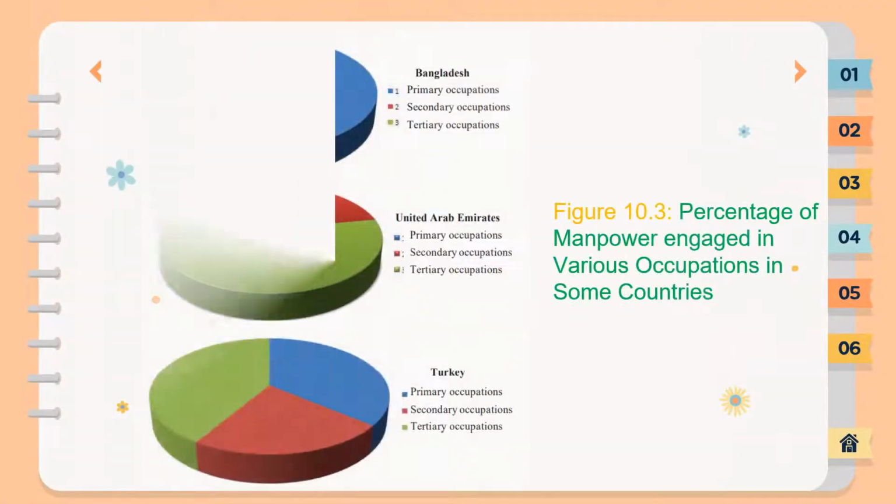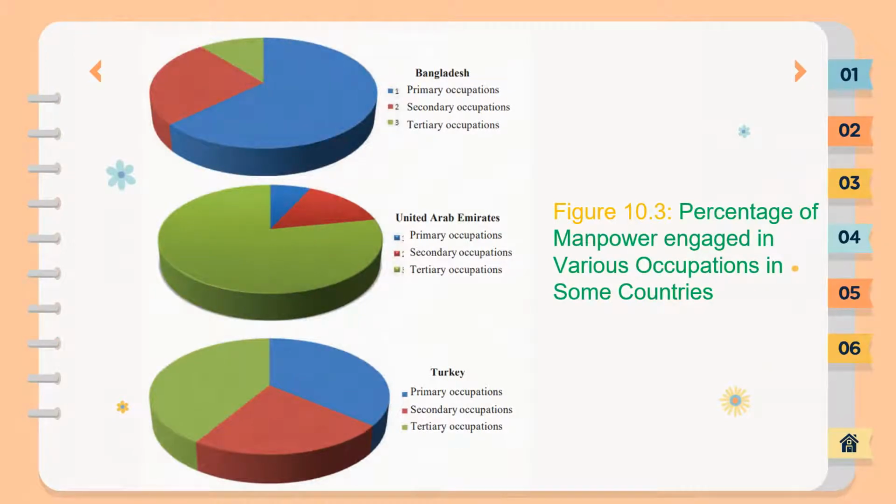Well students, now let us discuss the economic transactions or the countries engaged in different occupations through these pie charts that are given below. This figure is taken from your textbook on page number 64, figure 10.3, that speaks about percentage of manpower engaged in various occupations in some countries.